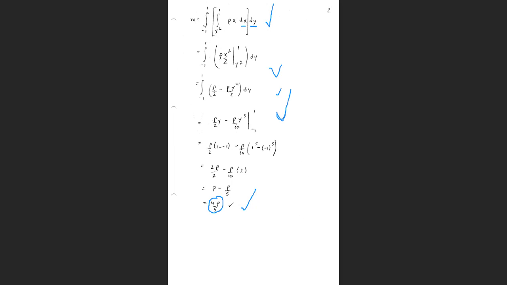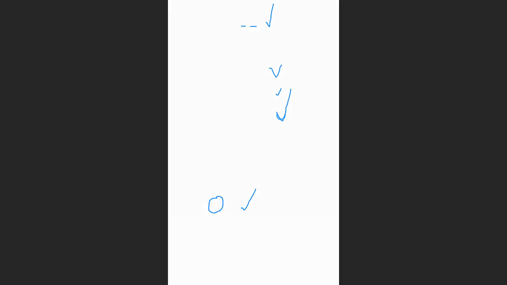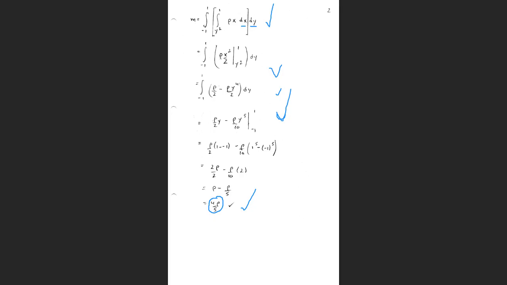Now we don't know what rho is, but it's not going to matter in the end. But at least you see how, doing a triple integral, it's really no different than doing a double integral. It's just you have an extra integral to worry about.